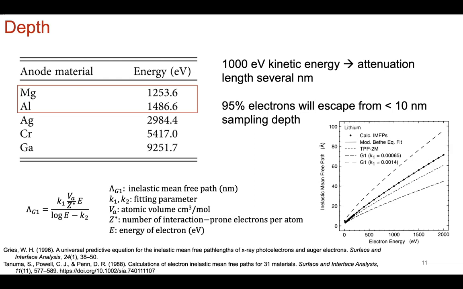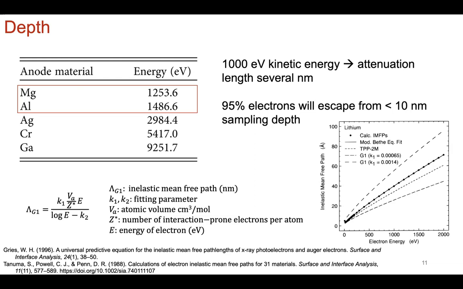Right. So that's one subset of challenges, I would say, and really material and sample dependent, experimental setup. And that is really the takeaway message in terms of the operations, which is, even though you can calculate what is the inelastic mean free path, this G1 equation that it's often called, you can fit these K1, K2 parameters, and they're very small numbers.